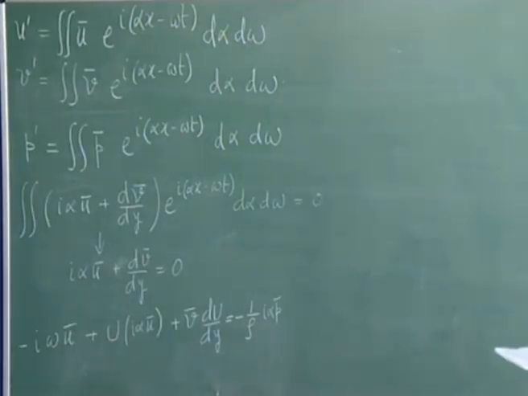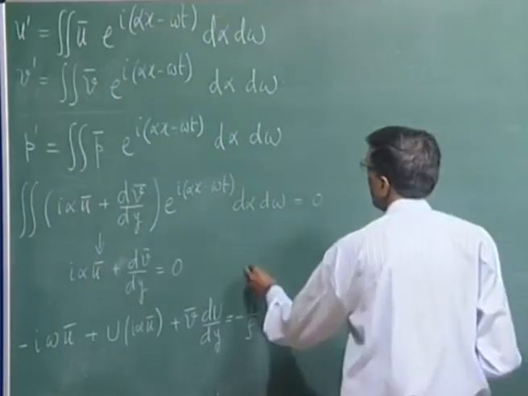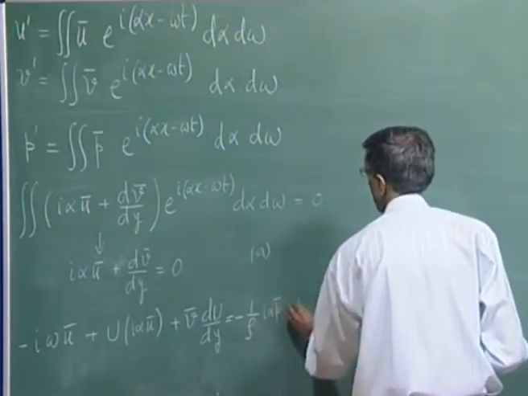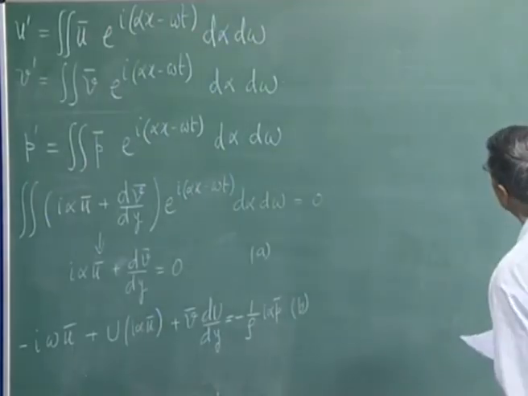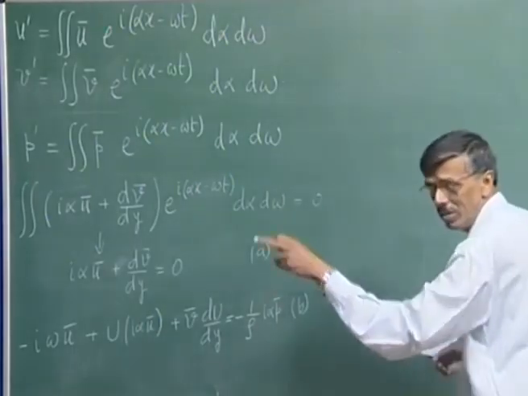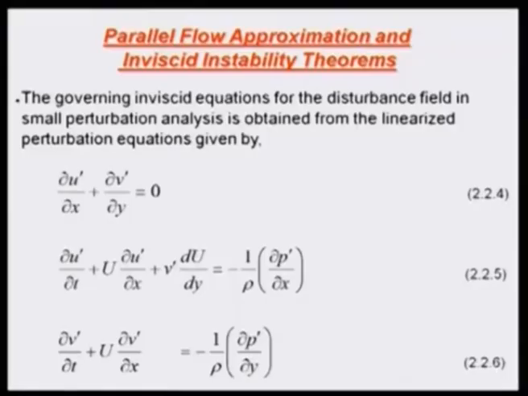And so this is, let's say, equation A, this is equation B coming from the x momentum equation, and what is the last one? The last one will come from here, 2.6.